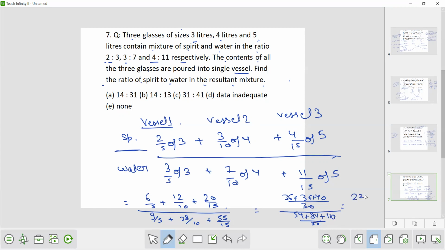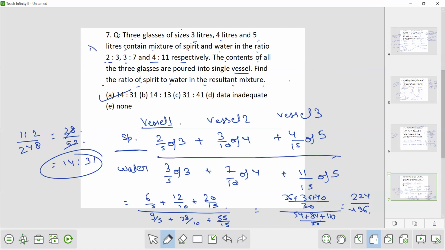So this value is 224 upon 496. So 224 upon 496. Now let's cancel it. If we cancel it by 2, it will become 112 upon 248. Now cancel it by 4, it will become 28 upon 62. Now cancel it by 2, it will become 14 is to 31. So option number A is the correct answer for it.